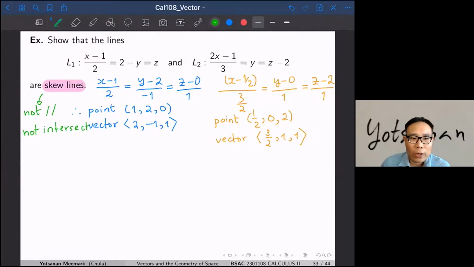The way we show not parallel is to use the vectors v1 and v2. So you see that v1 is not a multiple of v2.